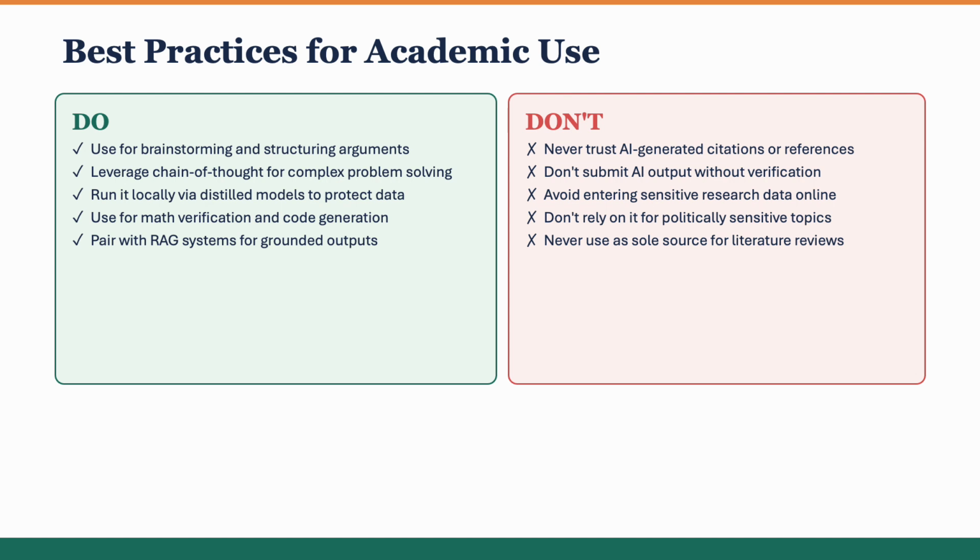Do use it for code debugging and data analysis. Its strong performance on coding benchmarks, with a Codeforces rating of 2029 according to the DeepSeek R1 paper, makes it genuinely useful for research programming tasks.